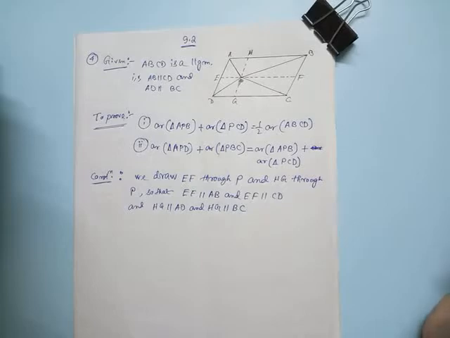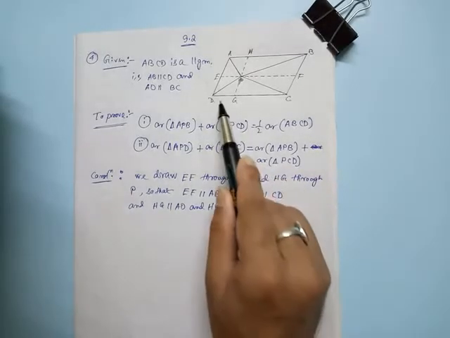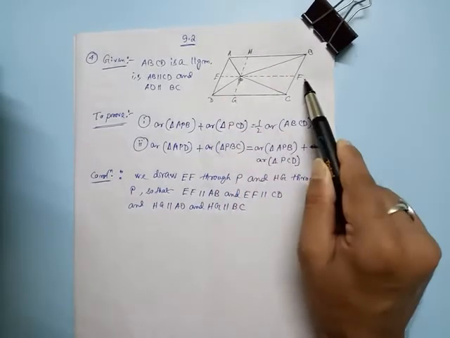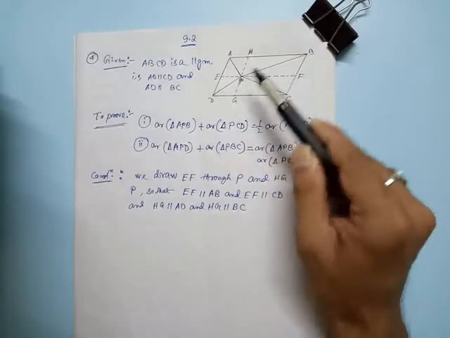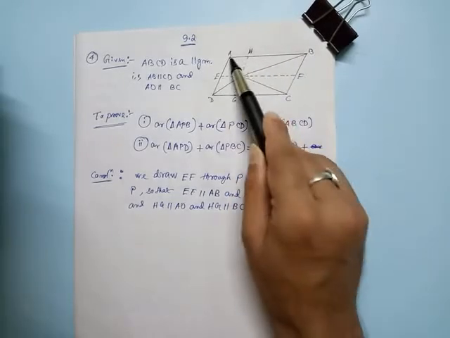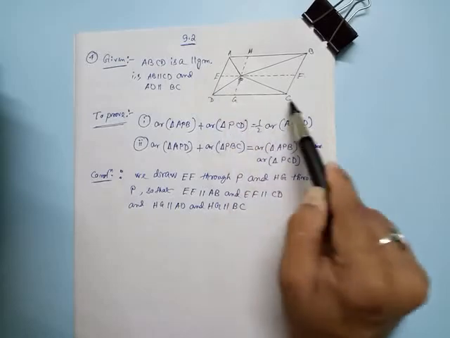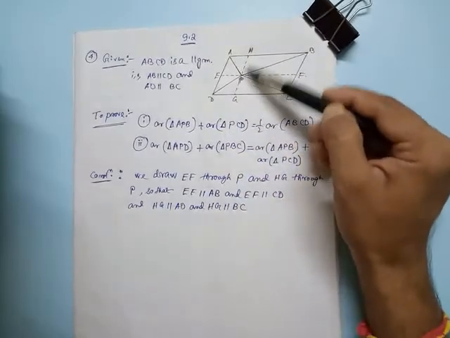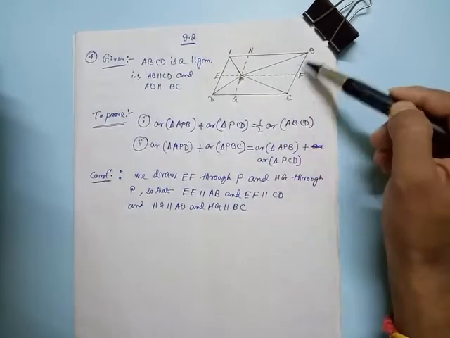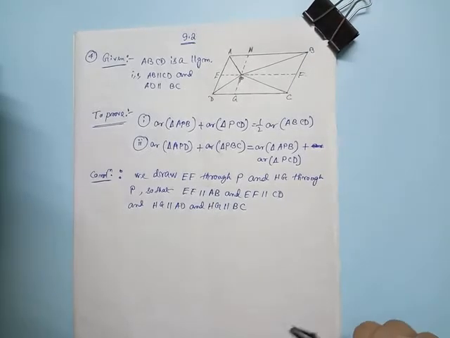Now student, look here, we draw EF through P and GH through P, so that EF parallel to AB and EF parallel to CD, and HG parallel to AD and HG parallel to BC. This is our construction. Now next part would be proof.